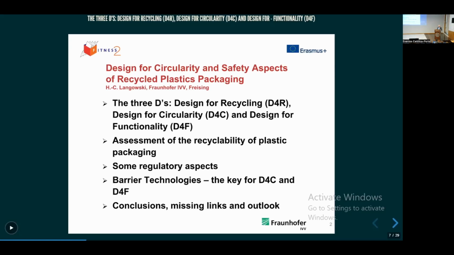Then there will be some remarks about barrier technologies that are important to achieve the targets that we need to achieve. And also conclusions, some missing links, because there are still a lot of things missing in our concepts, and an outlook.